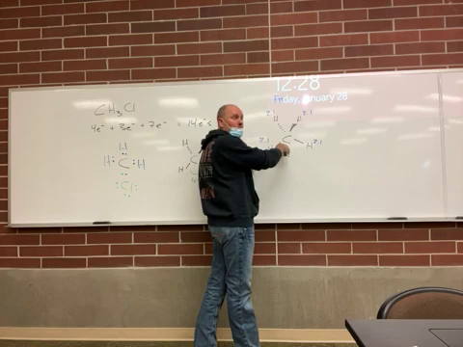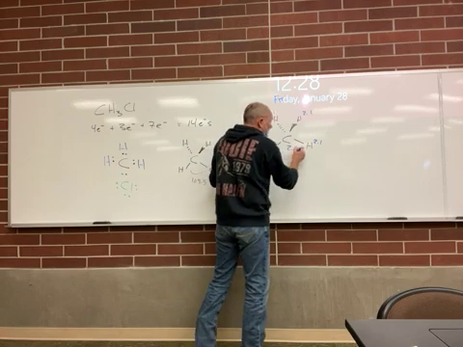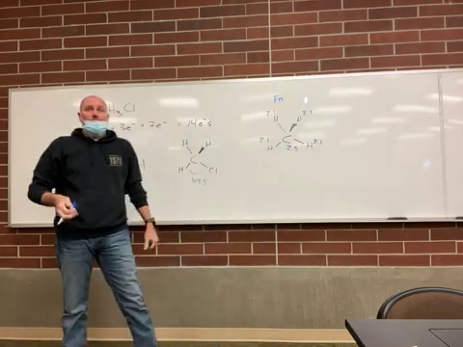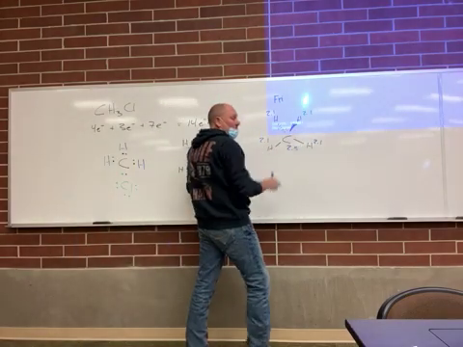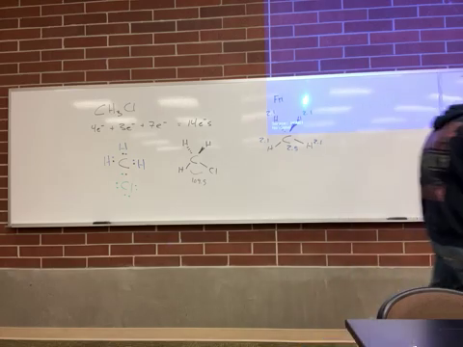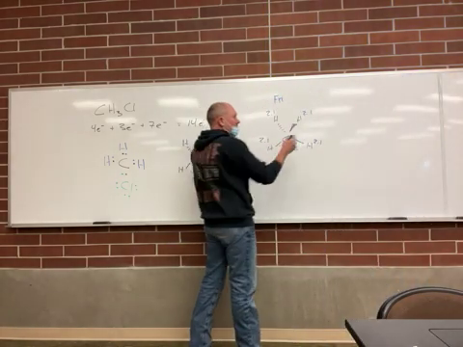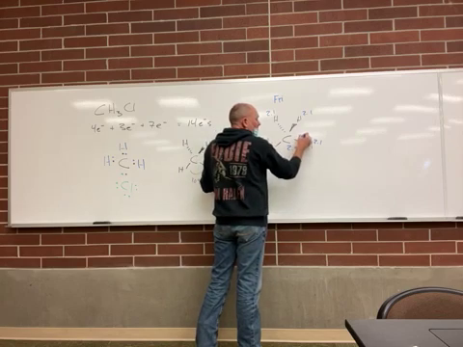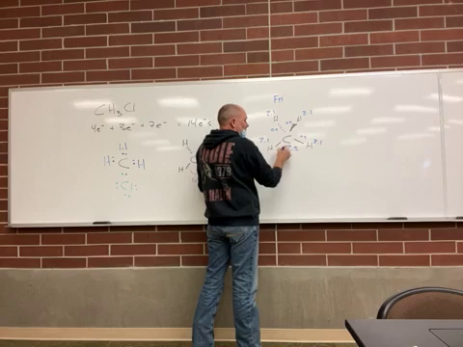3.0. 2.5. Okay? So here's the thing. This vector has a delta EN of 0.4, 0.4, 0.4, 0.4.